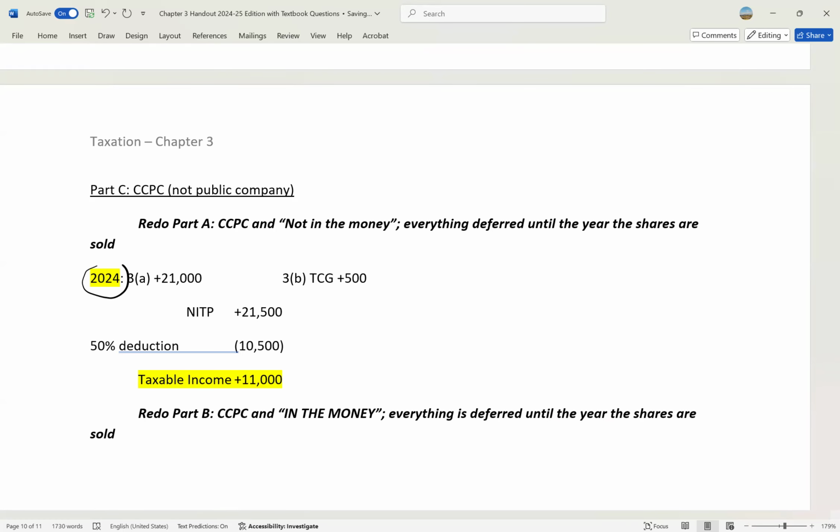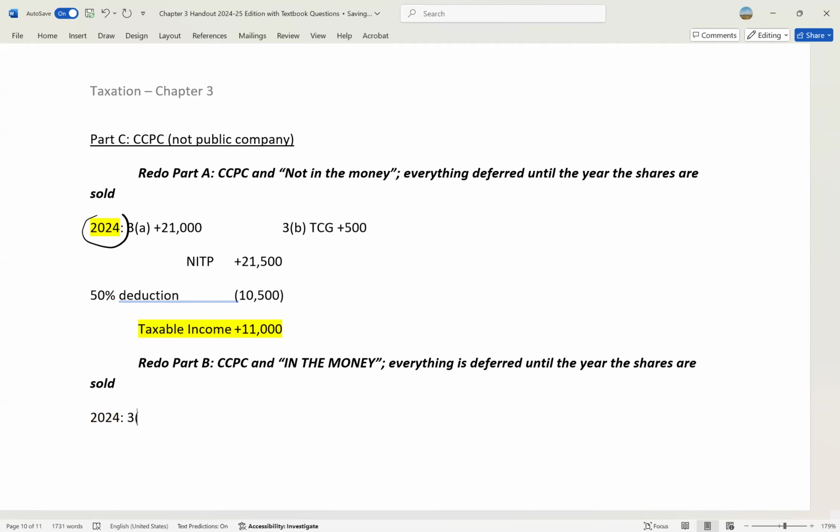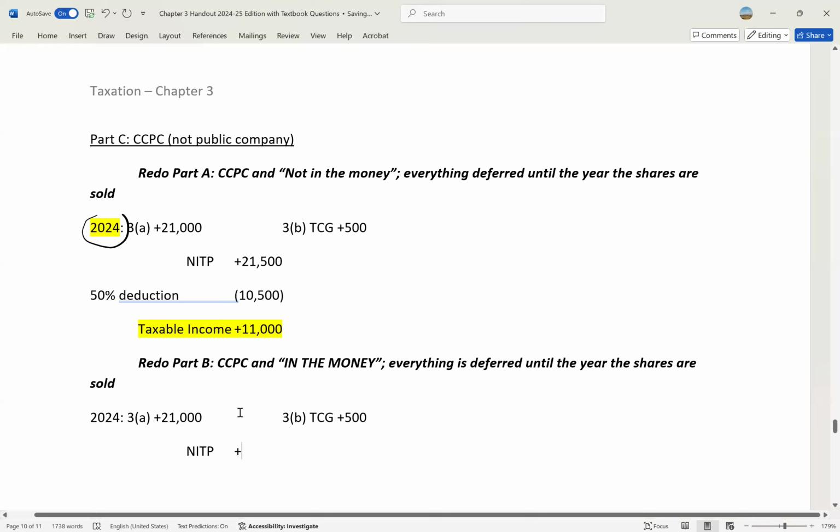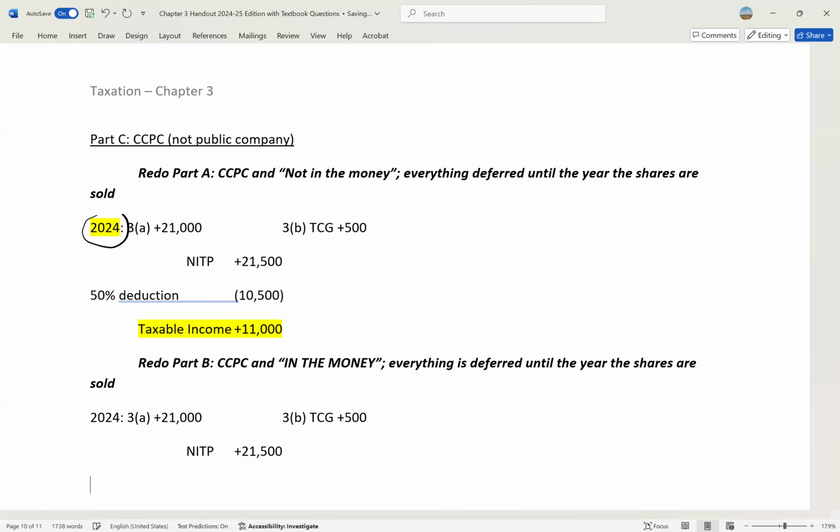So once again, that's going to be 2024. But in this case, we also include in 3A the 21,000. In 3B, we also include the taxable capital gain of 500. So the increase to net income for tax purposes would also be 21.5.